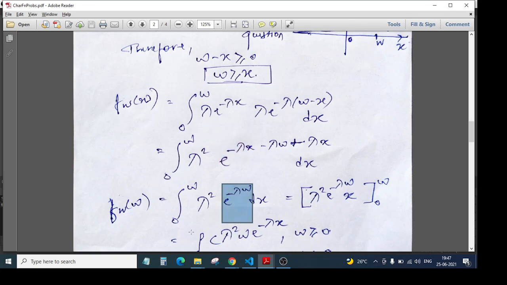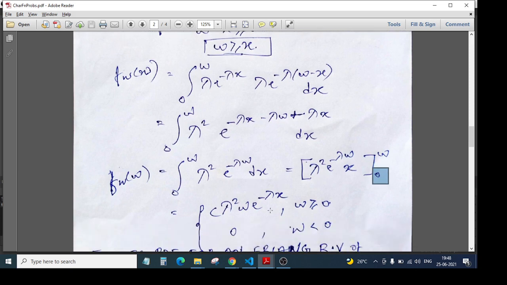Fine. So when you integrate this term with respect to x, you will be getting x itself, that is, you have a dx. These all terms are constant. There is no x in your lambda square and e raised to minus lambda w. You remove it outside the integration sign and you integrate just this dx. The answer you will be getting is x. Put the limits, that is, the upper limit is w and the lower limit is 0.